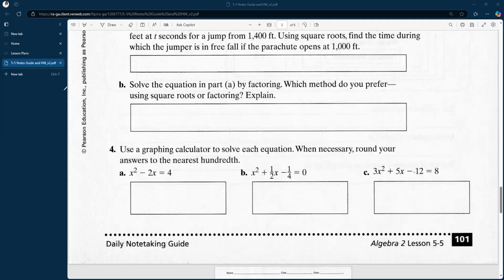Take some time, get used to entering in equations, making sure that you can change your window, and solving equations, which means finding the x-intercepts, zeros as they're called in your calculator. Pause the video and see if you can find the answer to all 3 of these. I am going to type the answers.